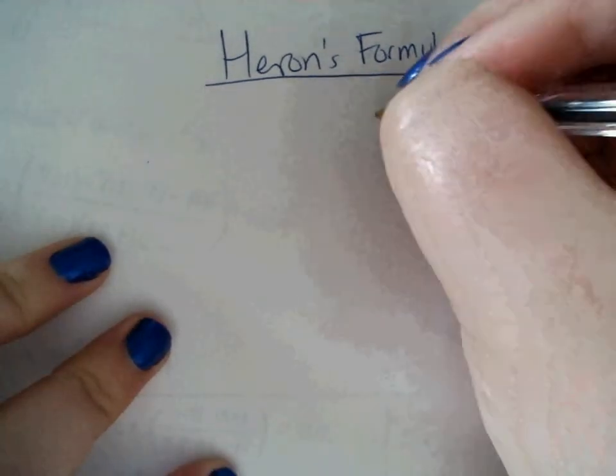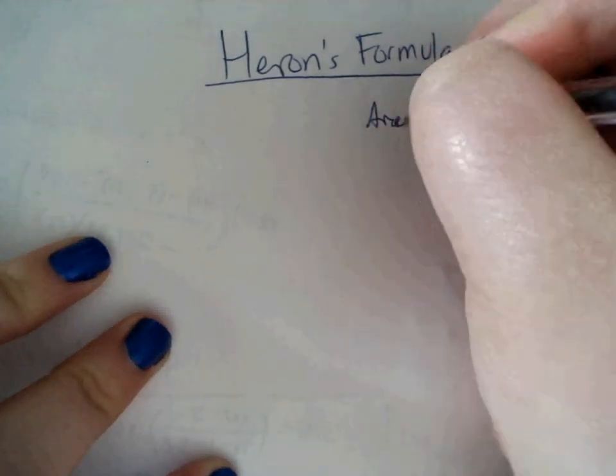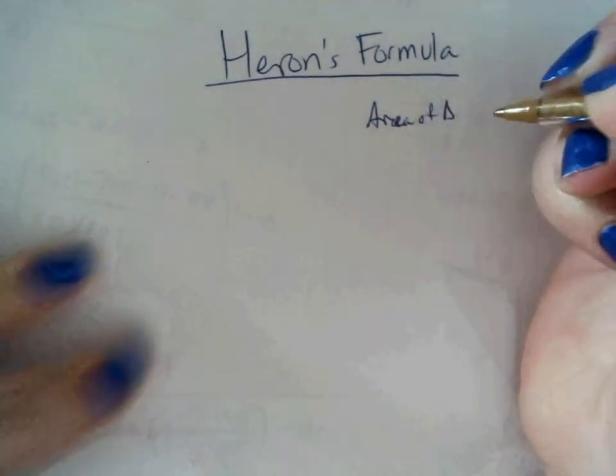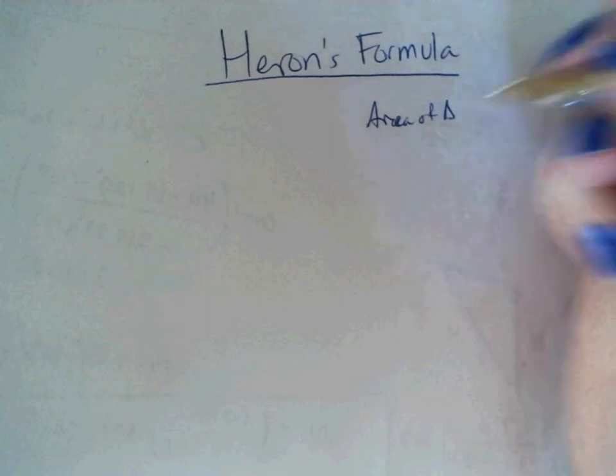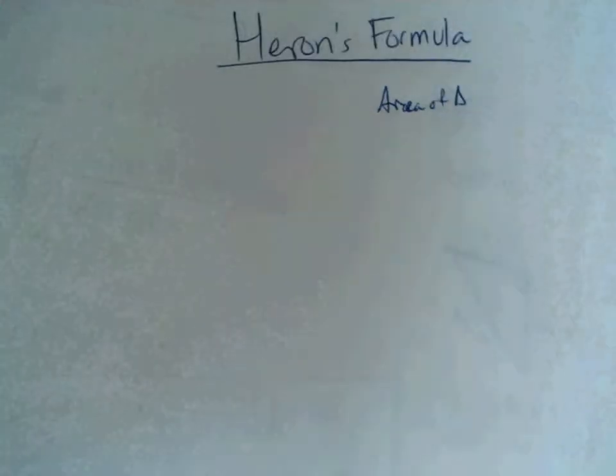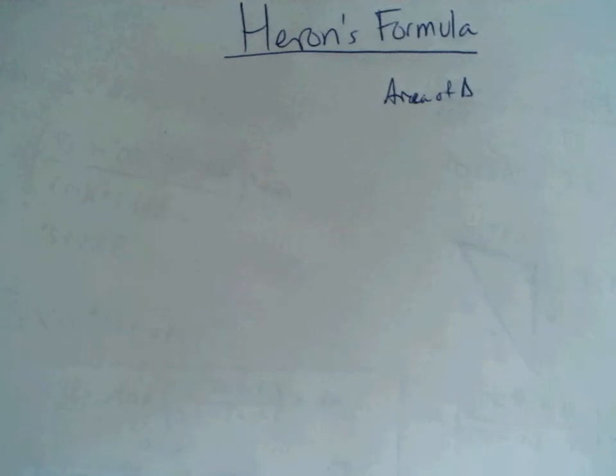Okay. So Heron's formula has to do with finding the area of a triangle. Given specific information, you have 1/2 base times height. So if you can find the height, and the height depends on whatever the base is, right?